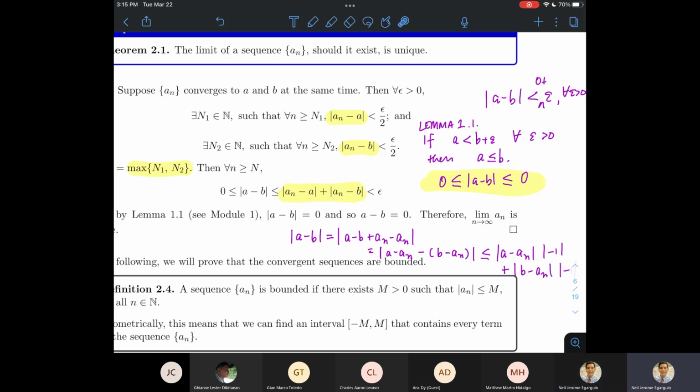Uh-huh. So you're thinking about an alternative proof para mapakita na si absolute value of a minus b equal kay 0 instead of using lemma 1.1? Ano sir, bakit po naging equal to 0 na siya? In-assume natin na equal to 0.